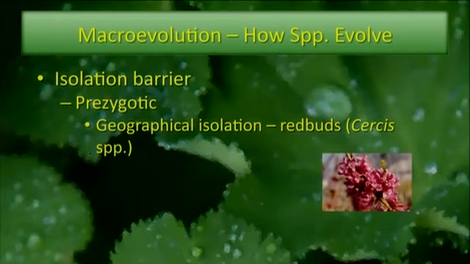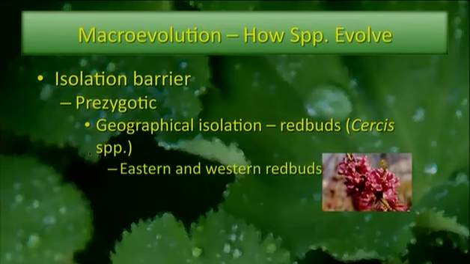So for geographical isolation, we have an example of the redbuds, or Cercis species. You have the eastern redbud that is usually east of the Mississippi River, and you have the western redbud. The western redbud lives in California, Utah, Nevada, and Arizona along riverbanks.